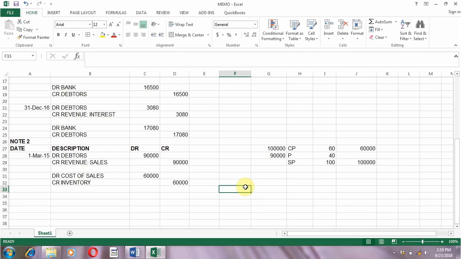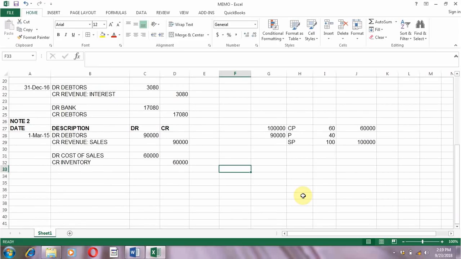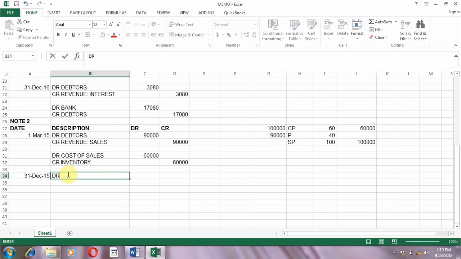Right, and after that I can progress to my year-end calculation, and the first year-end that we will have is 31st December 2015. Here we have to recognize interest. No payment is yet due, so we will only calculate interest. So I'll say I debit the debtors account.